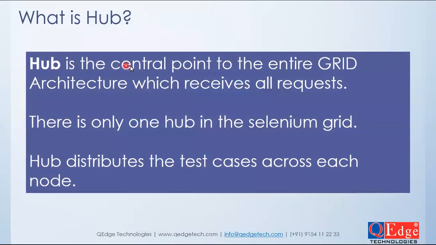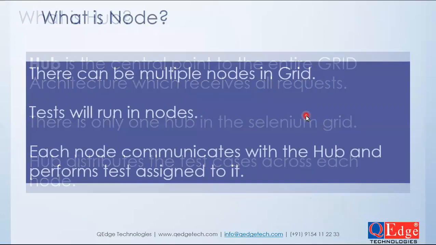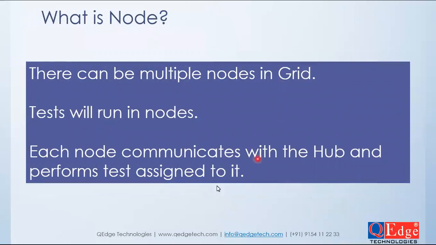This is what I said. Hub is a central point where the grid architecture receives all the requests. Node is a client machine. Each node machine connected to the Hub machine receives the test cases from the Hub machine and executes the test cases.